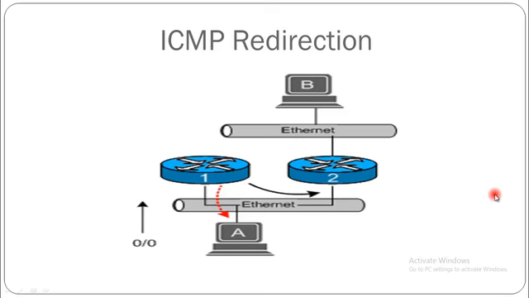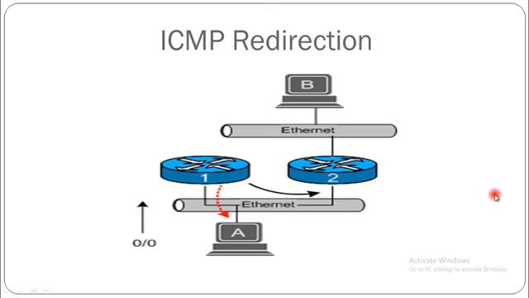So first let's start with ICMP redirection. An ICMP redirection is an error message sent by a router to the sender of the IP packets. Redirects are used when a router believes a packet is being routed suboptimally, and it would like to inform the sending host that it should forward subsequent packets to the same destination through a different gateway, because that gateway is not able to perform sufficient data analysis, due to which it is not able to send the proper packets in the same direction.